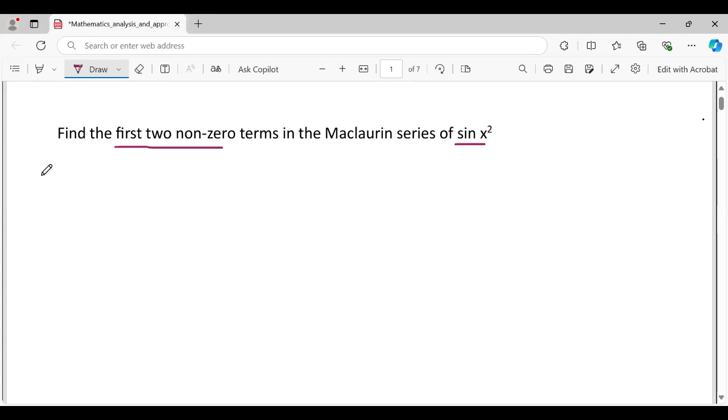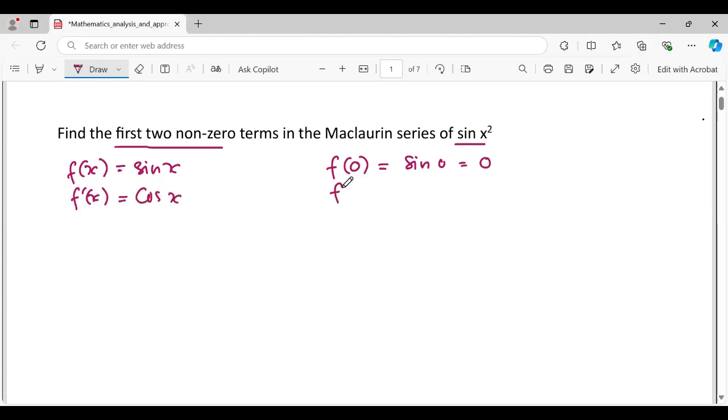So the first step, we need to find the function f(x), the function of sine x, and if x equals 0, it's going to be sine 0, or 0. And then the first derivative of sine x is cosine x. If x equals 0, it becomes cosine 0, which is 1.